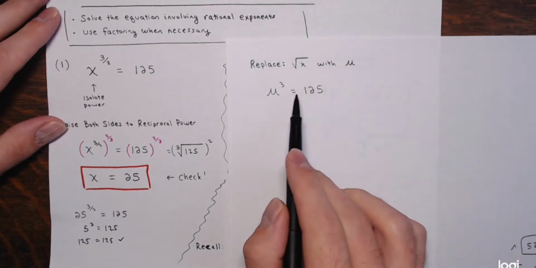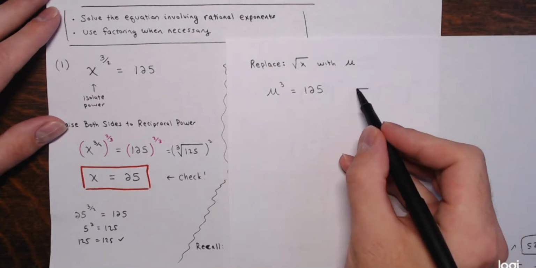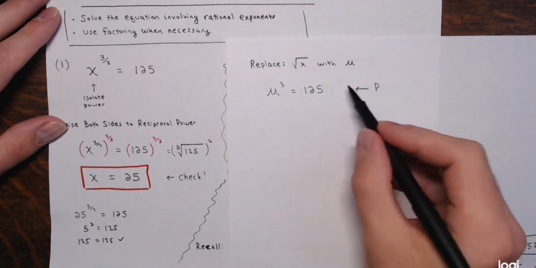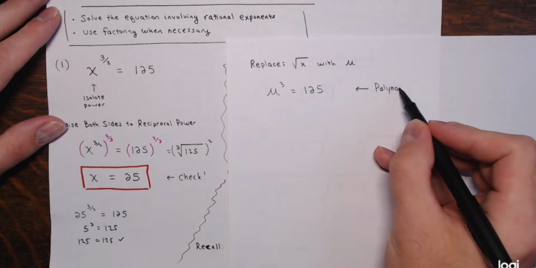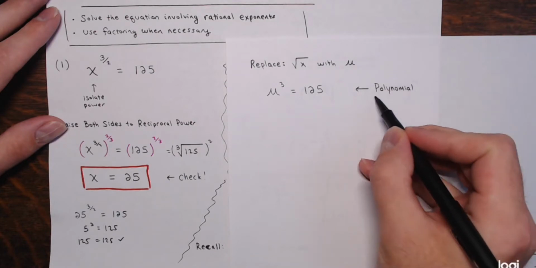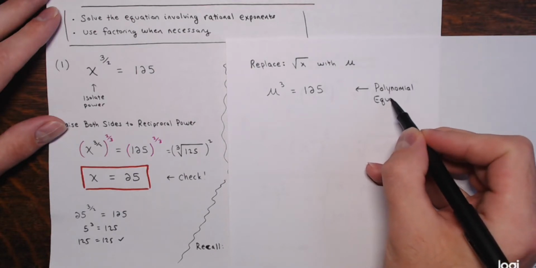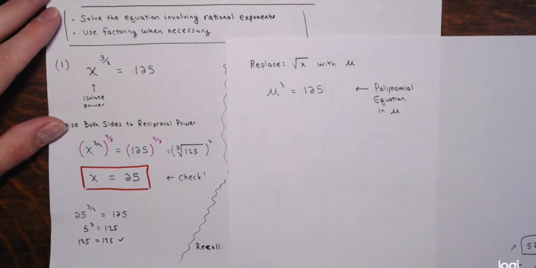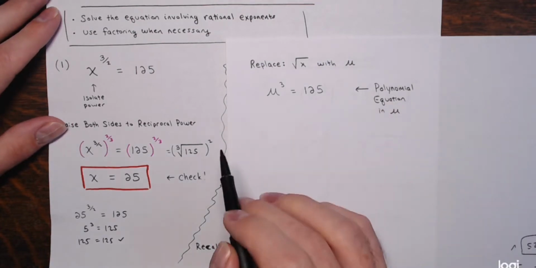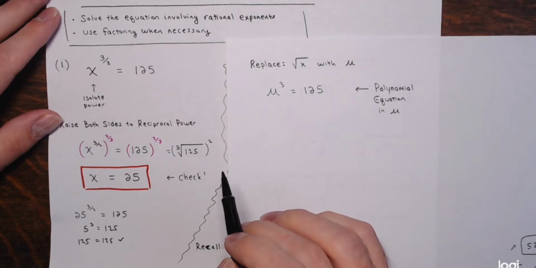And now what I have here is a polynomial equation. There's no fraction powers anymore. There's nice whole number powers. This is a polynomial equation in the variable u, right? Because I'm only seeing u to a whole number power.